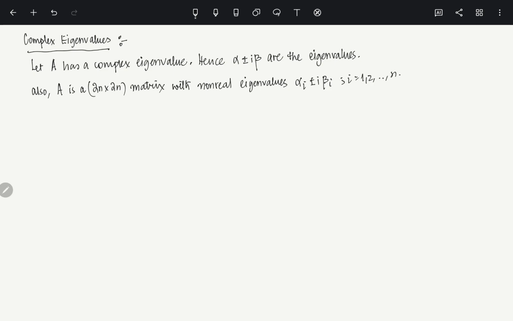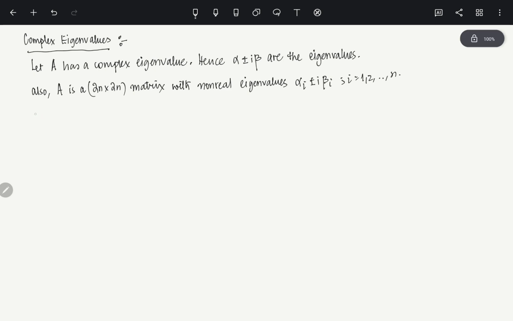So what happens now is this: first of all, these are complex eigenvalues, so we also have associated eigenvectors.